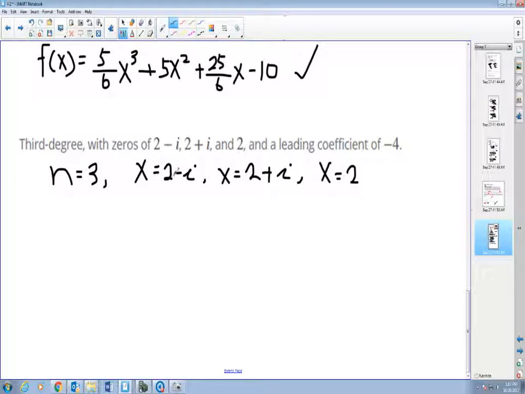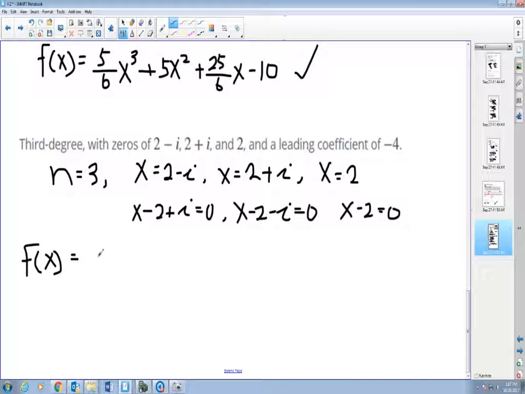So I'm going to move all these terms on the right over to the other side. That means I should have x minus 2 plus i equal to 0, x minus 2 minus i equal to 0, and x minus 2 equal to 0. Okay, so now write them back as a linear factor.